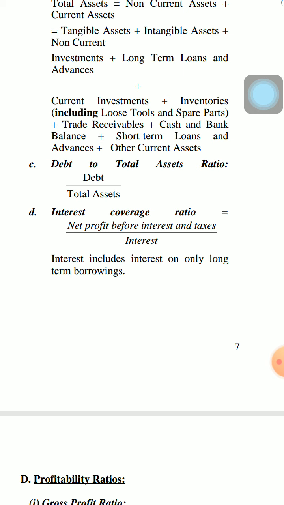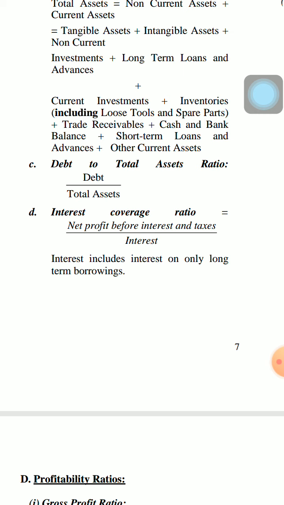And interest coverage ratio, that means net profit before interest and tax, that means profit before paying interest on debentures and income tax. Including the interest and tax and dividing it by interest, we can get how much interest on debentures is being covered by the net profit earned by the company.